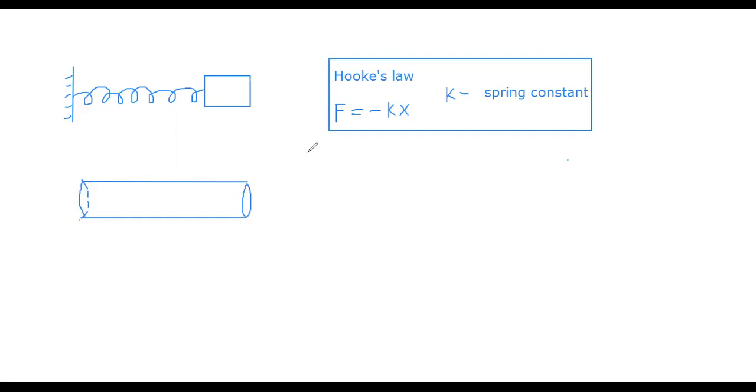The square of its cross section is equal to S, and the length of it is equal to L. And let's consider some extension of this rod. Let the extension be equal to delta L.